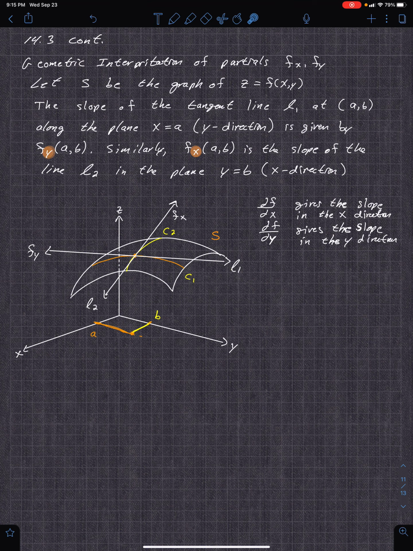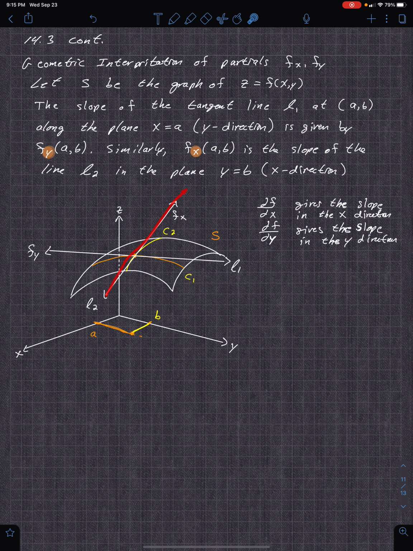And I noticed the colors here. Actually, I should have changed that color. Okay, so partial of f with respect to y. Don't look at the colors. So partial of f with respect to y is the slope of the tangent line in the y direction. Right here, this is the y direction. And then, similarly, partial f with respect to x is the slope of the line L2.